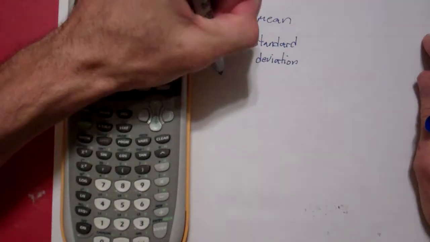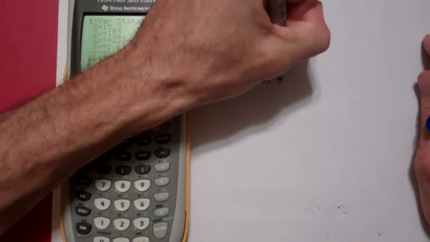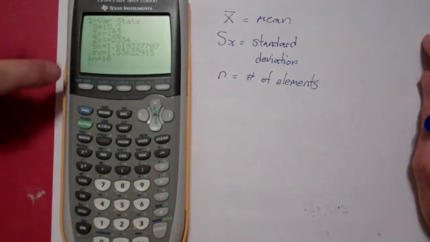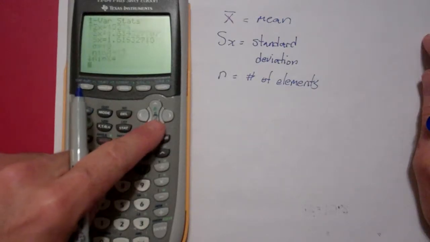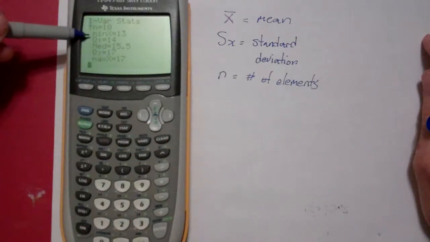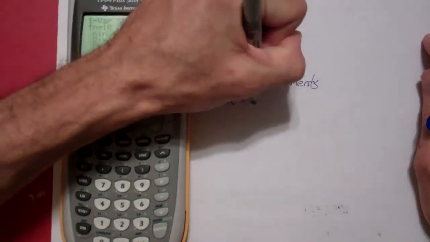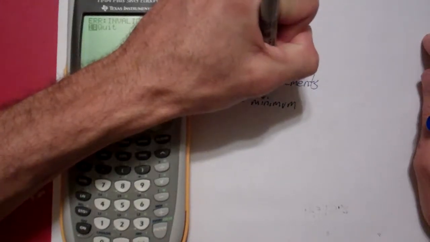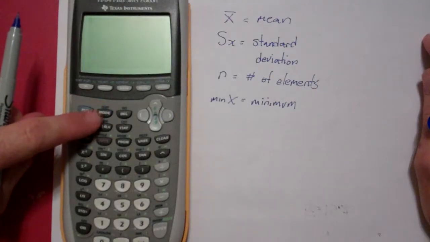N is the number of data items, number of elements, items, numbers, data points, whatever you want to call it. You see the little down arrow. I use my D-pad and I just sort of scroll down. This will actually give me my min x. So my min x is my minimum value. I know it seems so weird that we would call it min.